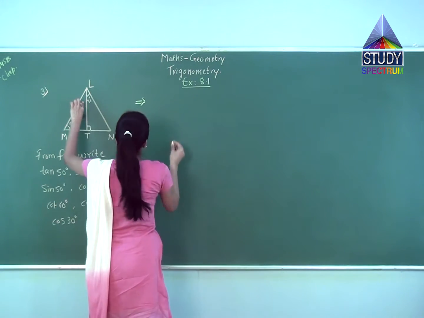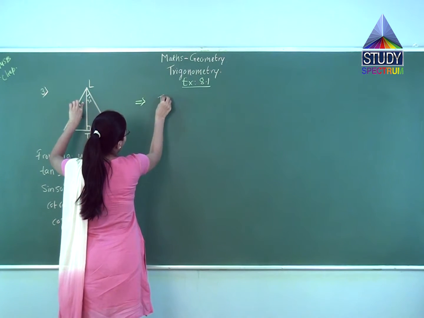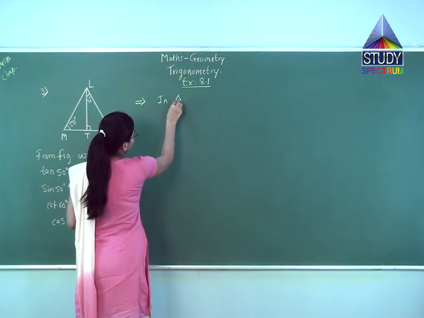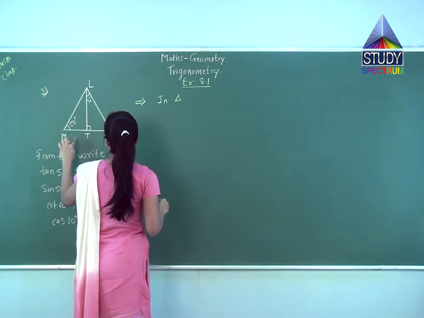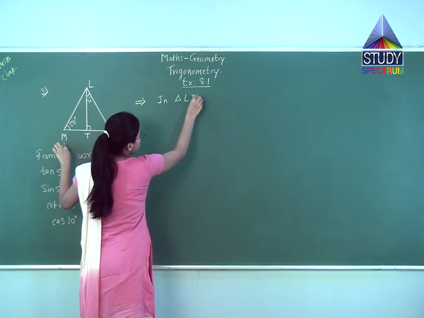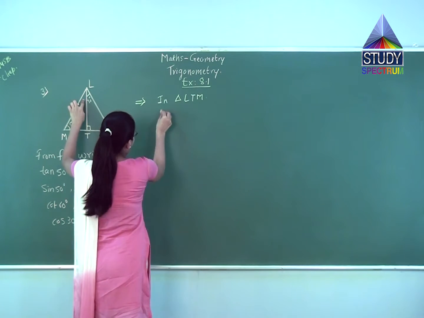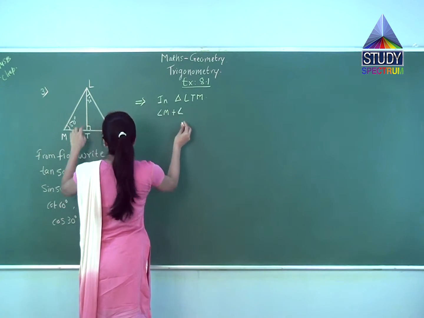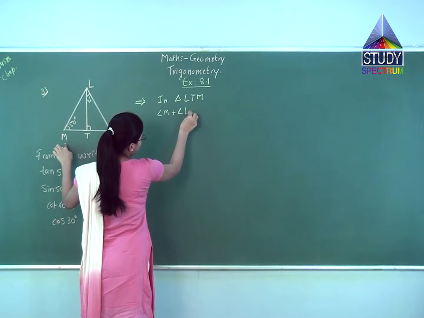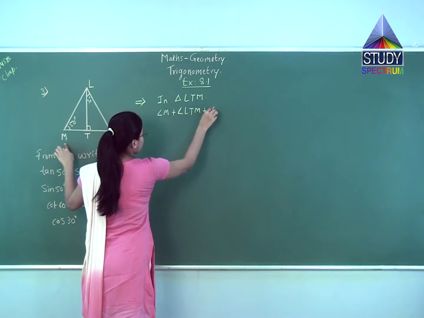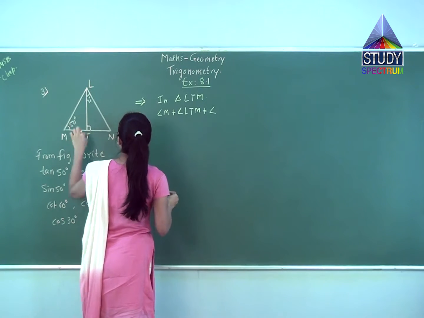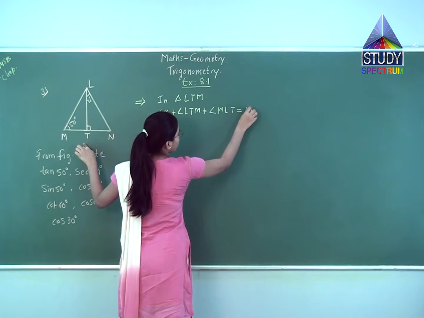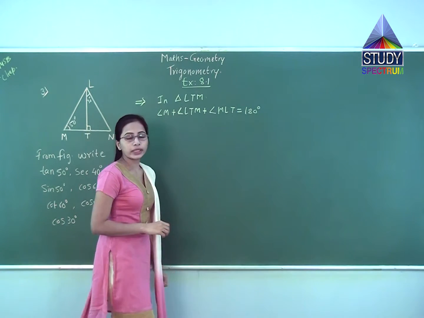Firstly, I will take the first triangle. Look carefully how to write. In triangle LTM, angle M plus angle LTM plus angle MLT is equal to 180 degrees.